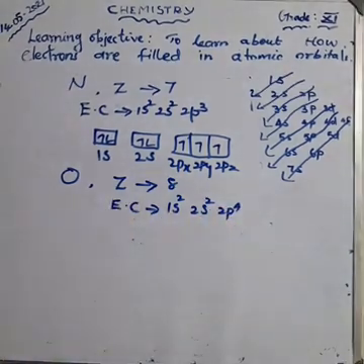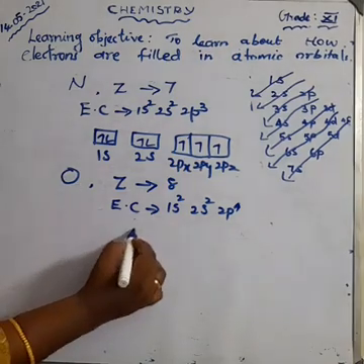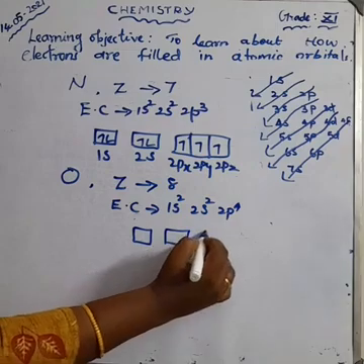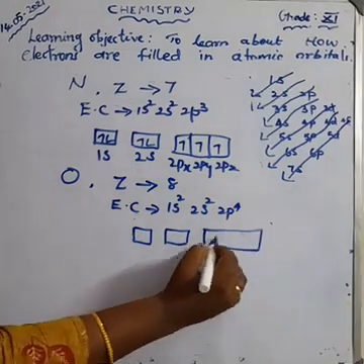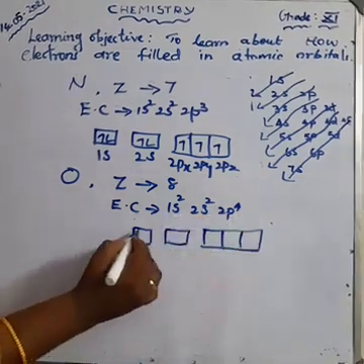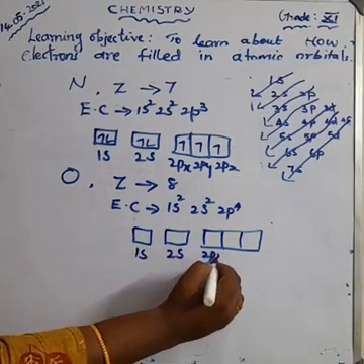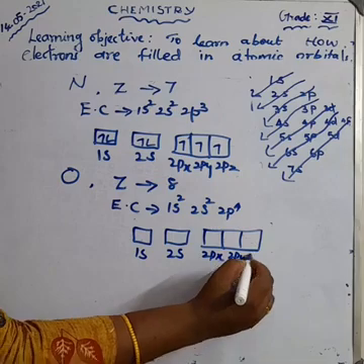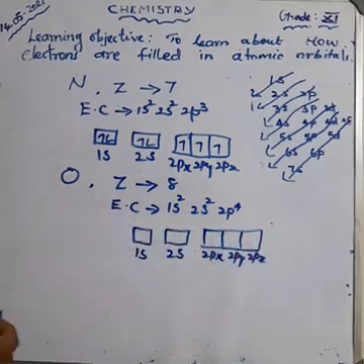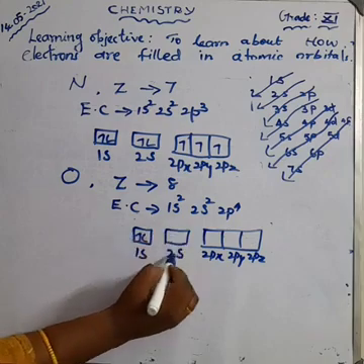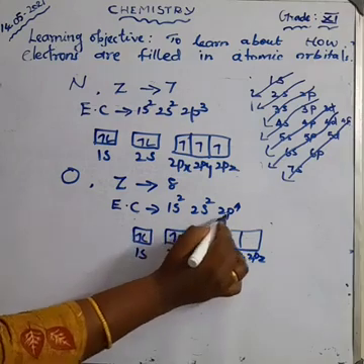So how to draw the atomic orbital diagram? 1s orbital, 2s orbital, 2p orbital: 2px, 2py, 2pz. In the first orbital we can fill 2 electrons, 1s2, and then 2s2 and 2p4.